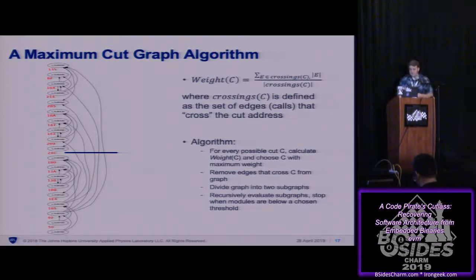The idea is, if I look at all of the calls between functions here, and I take their average, so for a particular cut location, I'm looking at all of the calls that cross this edge, and I'm taking their distance and then averaging that distance. It's really, really simple.